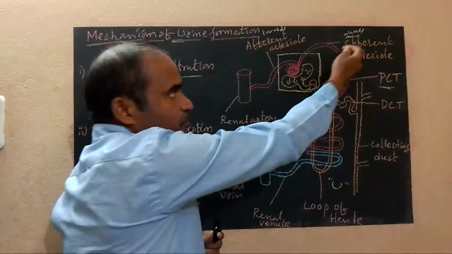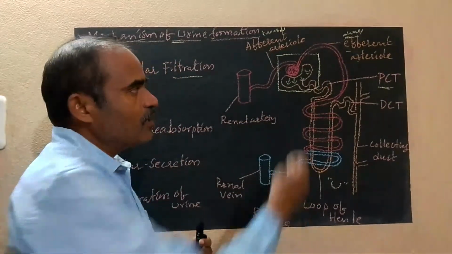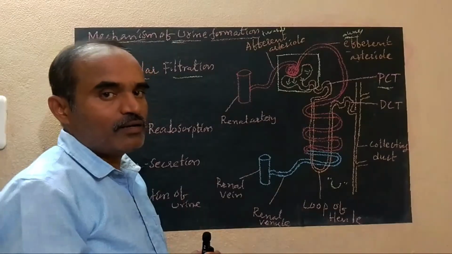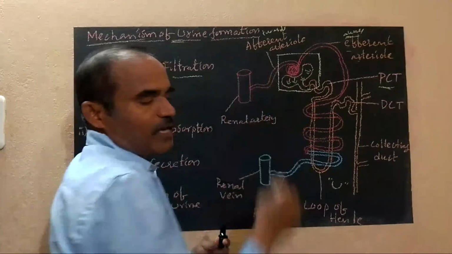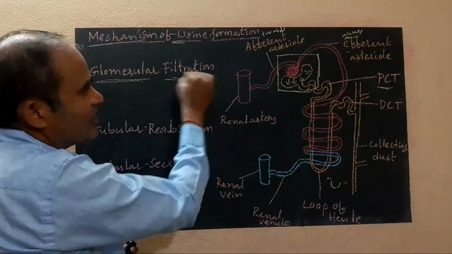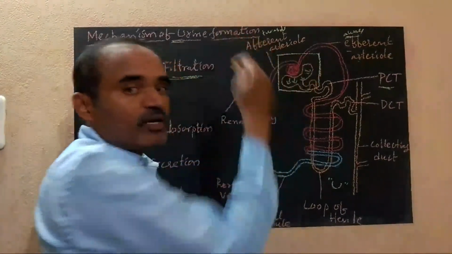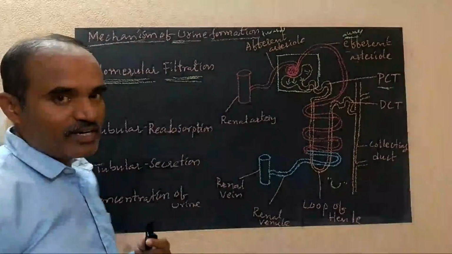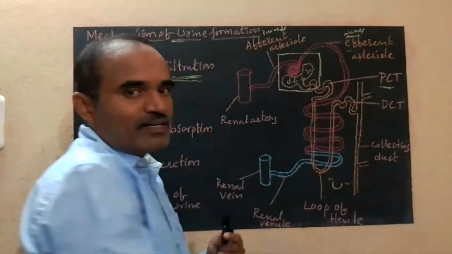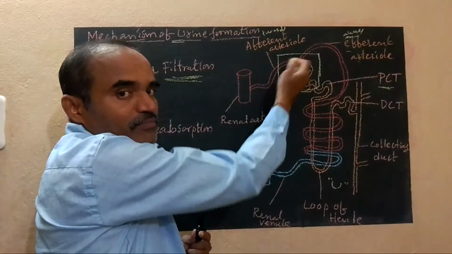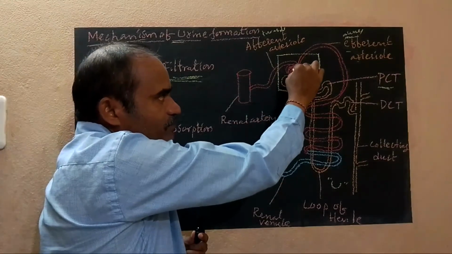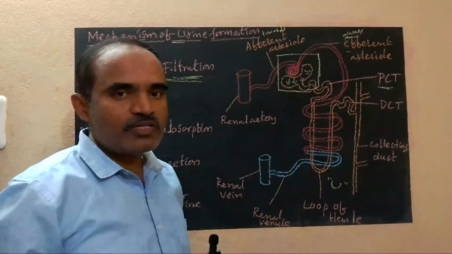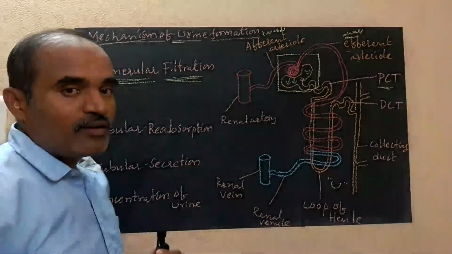The blood flows with high pressure due to the narrowness of the efferent arteriole, so fluids are filtered from the glomerulus and enter Bowman's capsule. This filtration takes place in the glomerulus, so it is called glomerular filtration.